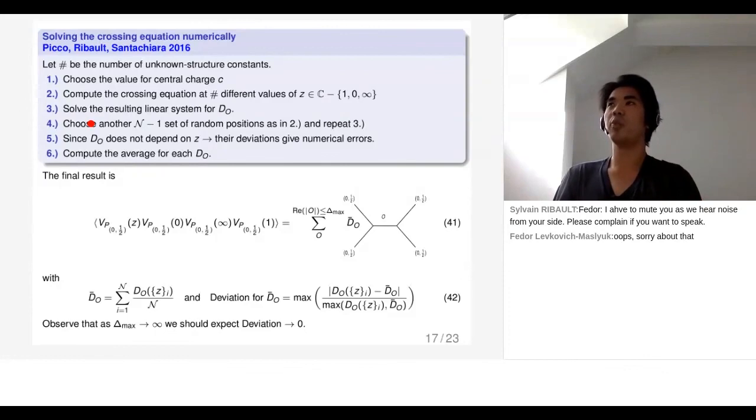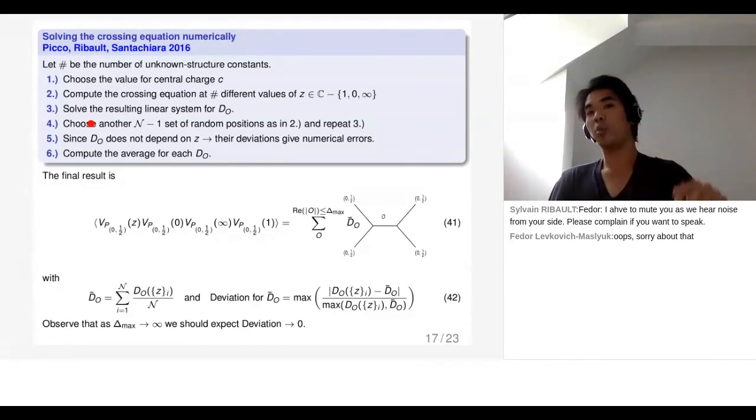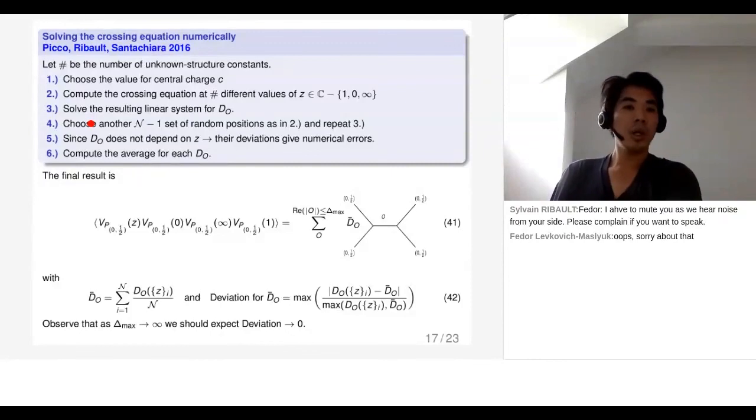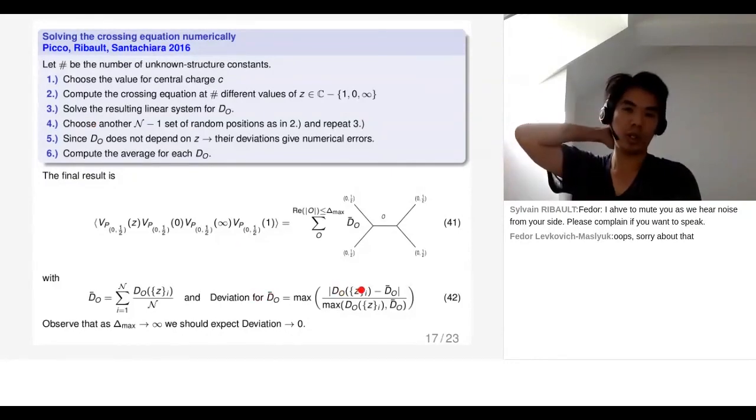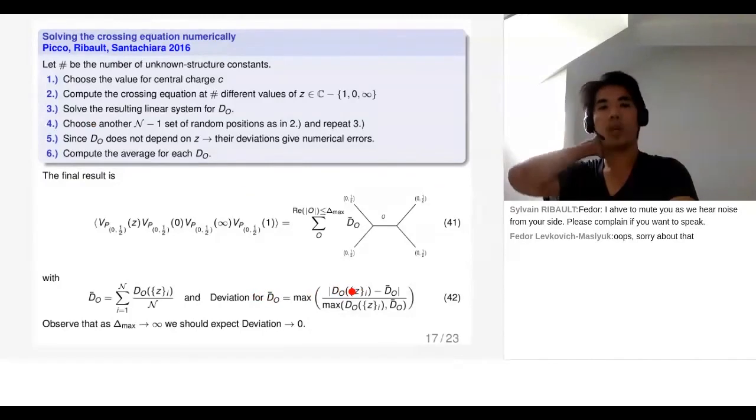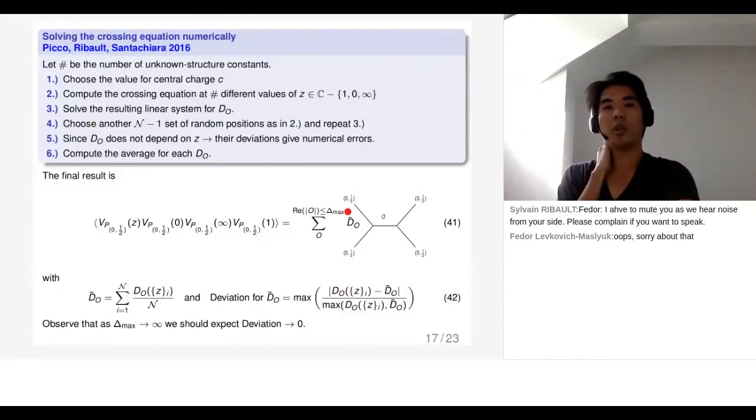However, in the end, since ideally these structure constants do not depend on the position, the deviations among the structure constants from different sets of positions would give us the numerical error of this method. And in the end, we define the final structure constant as the average of the structure constants from different sets of positions.